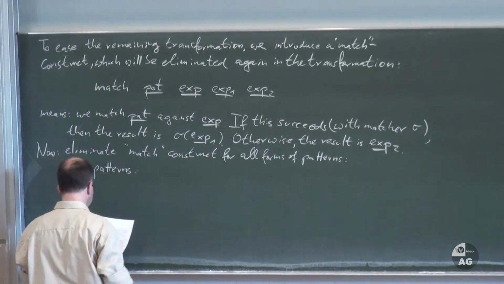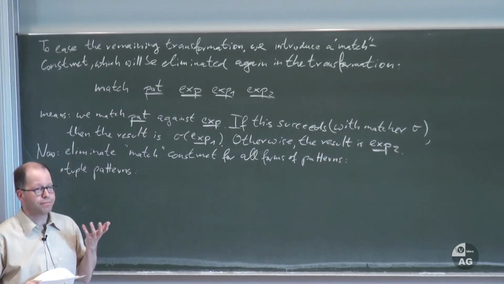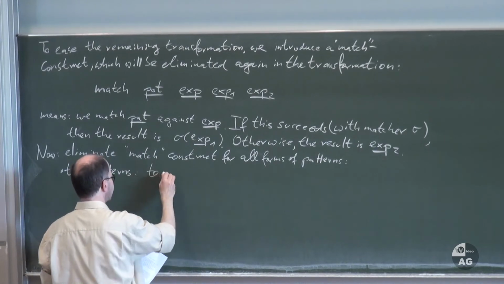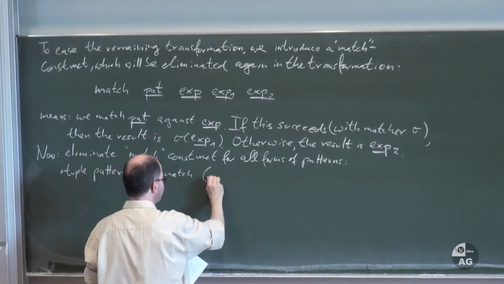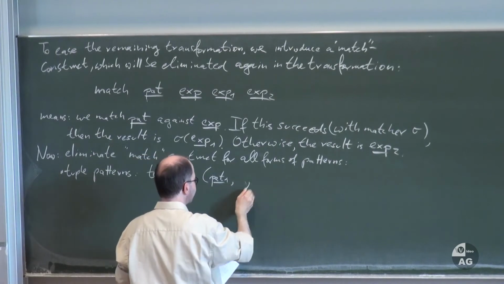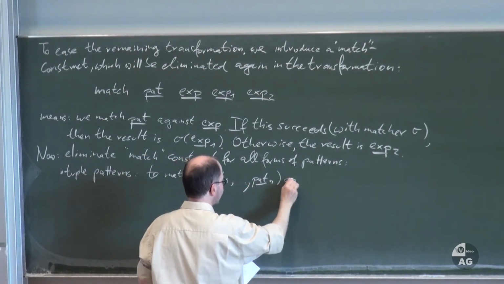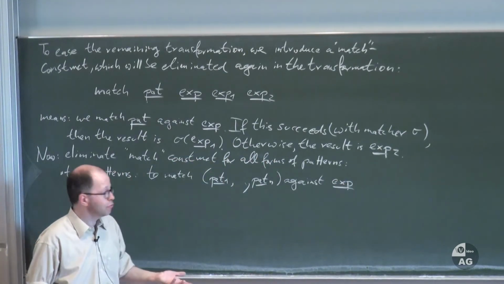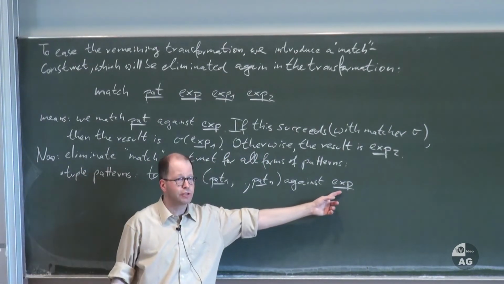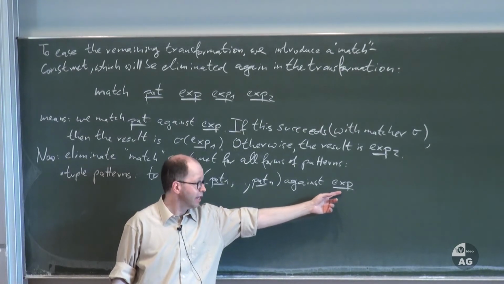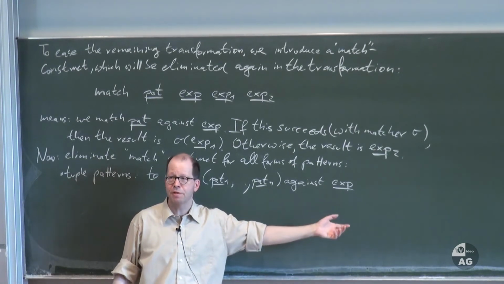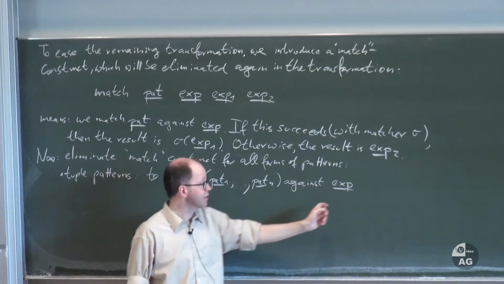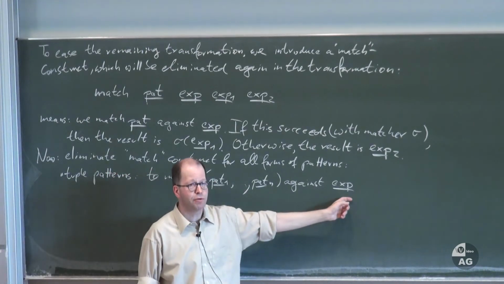So if I want to match a tuple pattern against some expression, so if I want to match a tuple of patterns, pattern 1 to pattern n, against some expression x, well, what do I have to do? I first have to check is this really also a tuple of n components? And if it is a tuple of n components, then I have to do this pattern matching component-wise. Then the first pattern here has to match the first component here, and the second pattern here has to match the second component there, and so on.